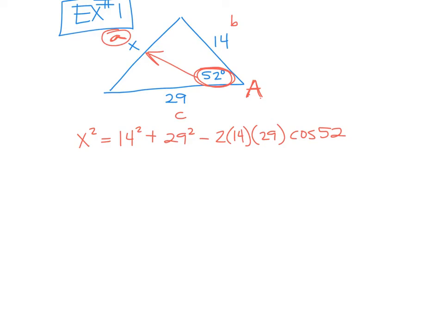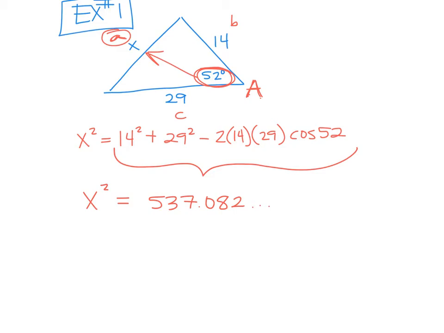Okay, so here's the setup. You're going to take all of this and plug it in: 14 squared plus 29 squared minus 2 times 14 times 29 cosine 52. You get x squared equals 537.082. The number keeps going.